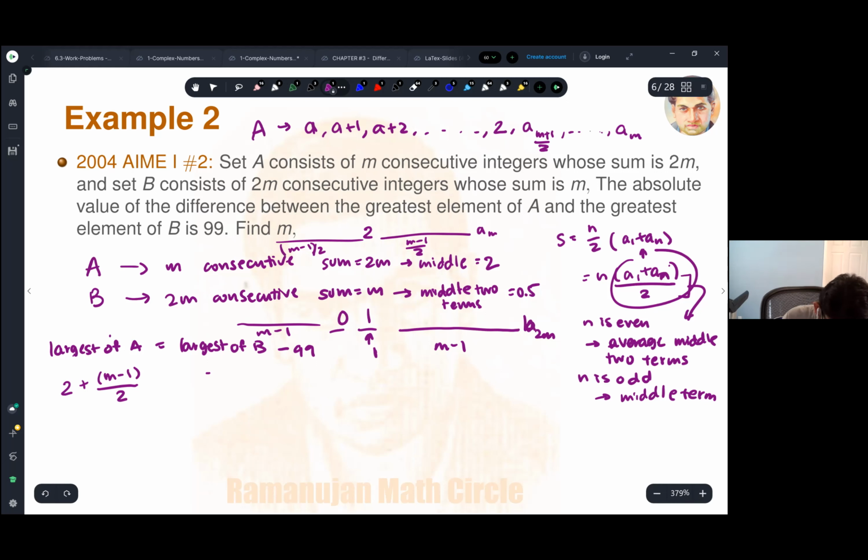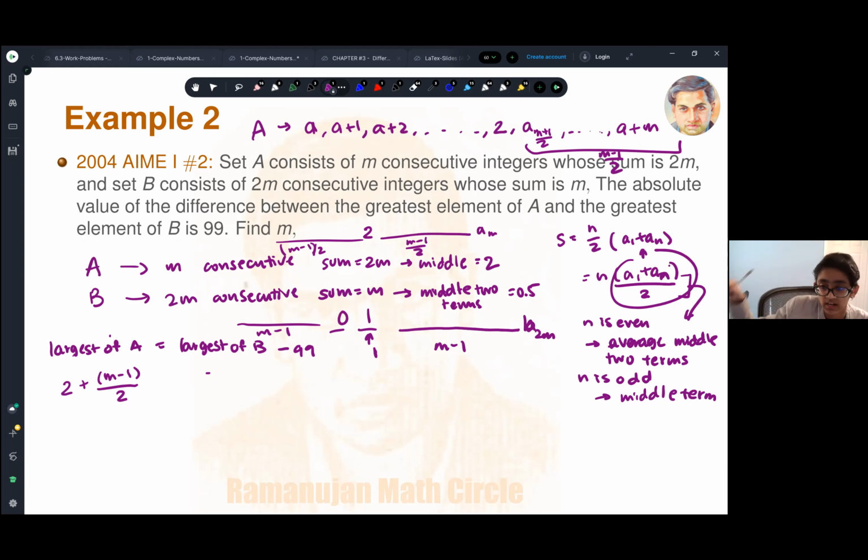So we know that this has to be written as 2 plus m minus 1 over 2 because there's that many terms here, m minus 1 over 2. And for each term, obviously, we're adding 1 as we go along.